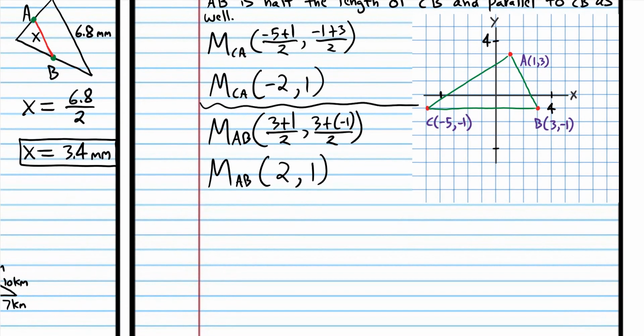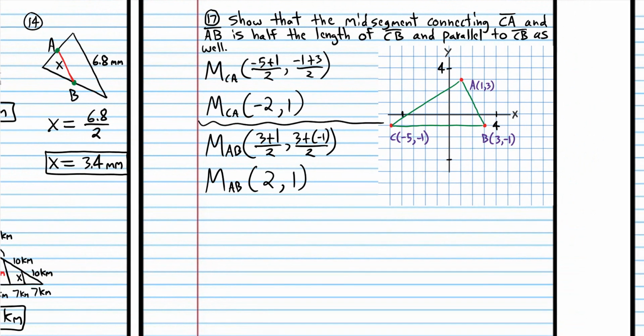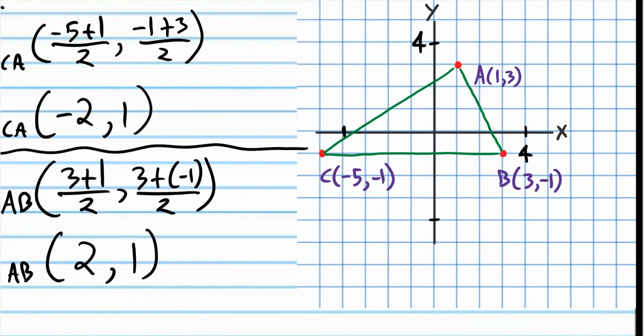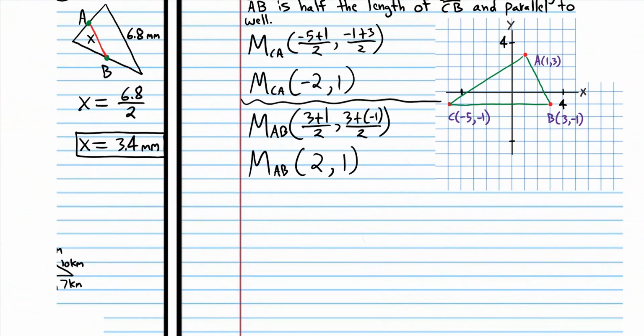So now we have 2 points that we can use to find the length of the midsegment. So we have this point and we have this point, and we're going to find that length to show that this length is half of this length by using the distance formula. But again, we couldn't do anything until we had those midpoints.